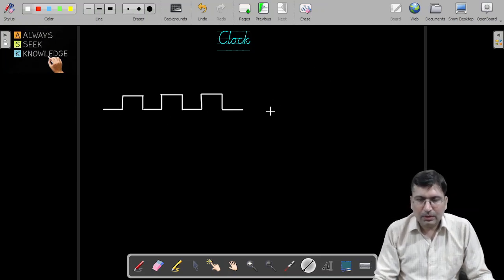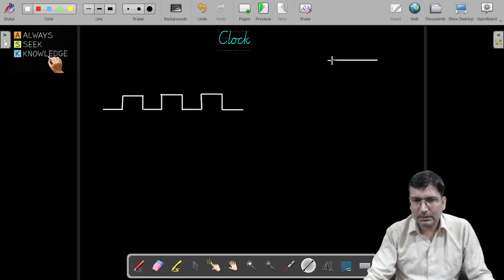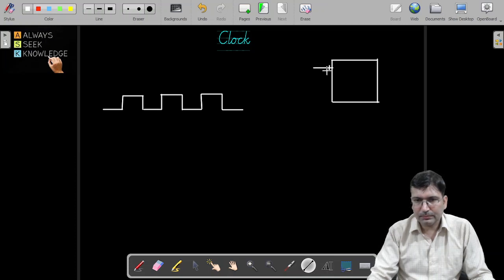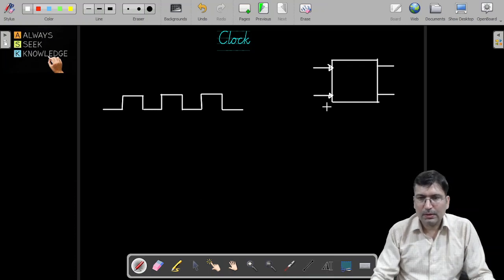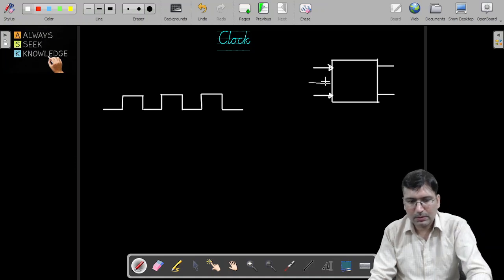Now such kind of clock we pass to the latch, and the latch starts behaving like a flip-flop. So let's say this is a flip-flop, which I am assuming is RS. These two are input lines, and there are outputs Q and Q bar, and we pass the clock here.